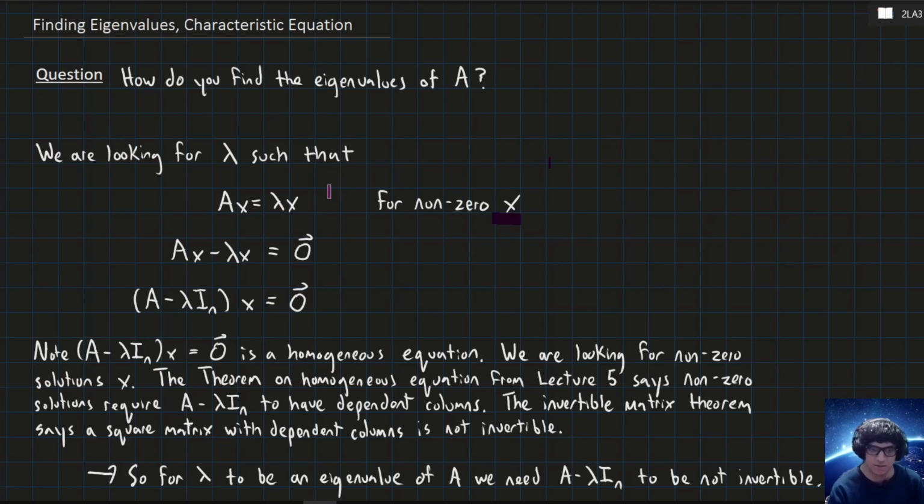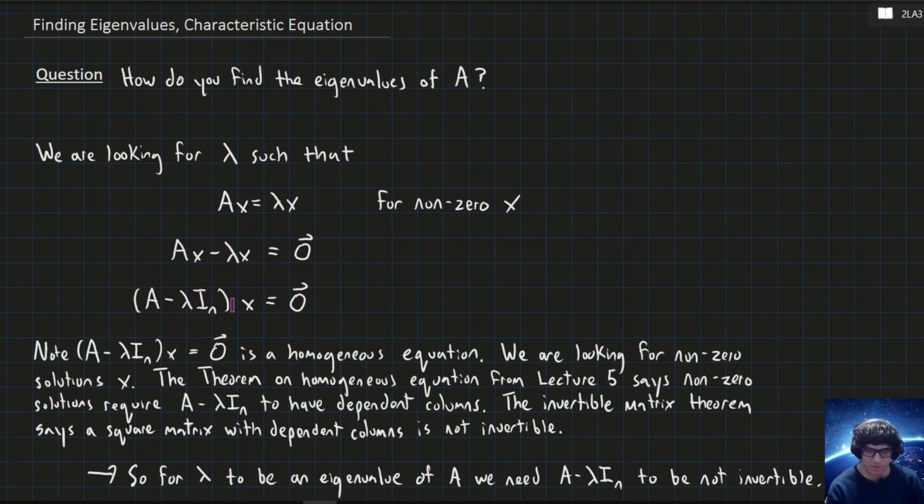So we can rearrange this equation, bring the lambda x over to the left side, and then we have an x on the right side of both of these terms, so we can factor out an x like this. The reason we add an identity times lambda is because we don't want lambda just sitting on its own.